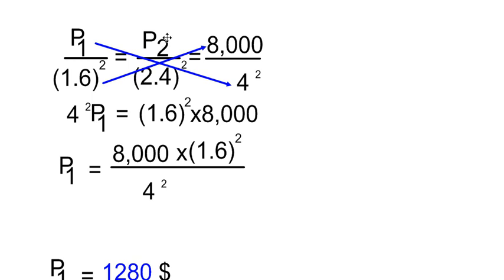So now let's find the second diamond's price. We have P2 over 2.4 squared equal to 8,000 over 4 squared.